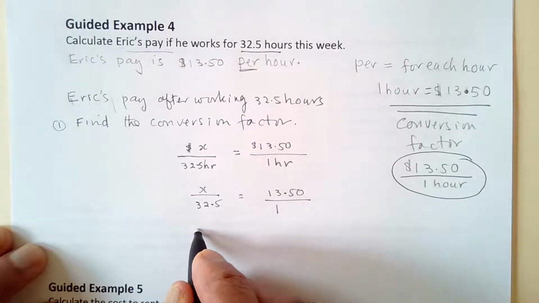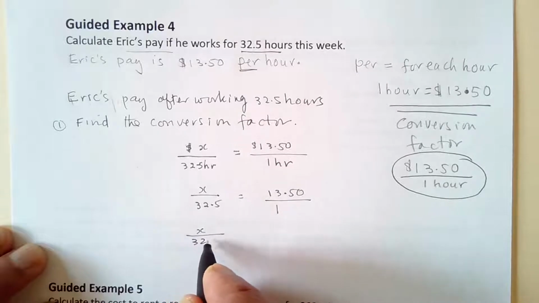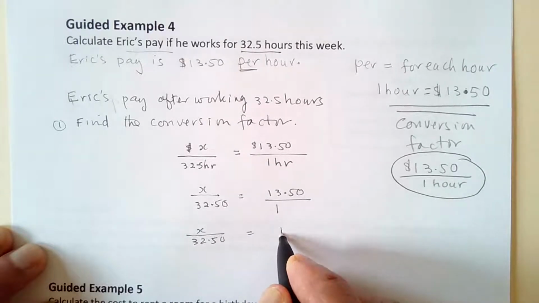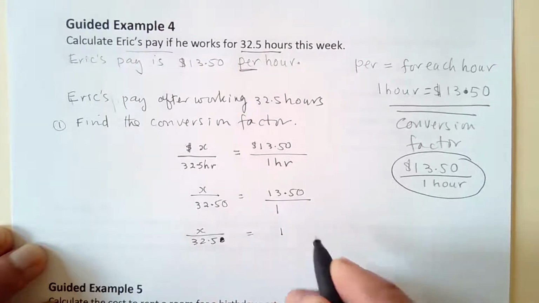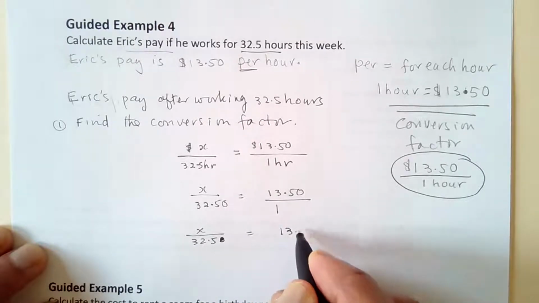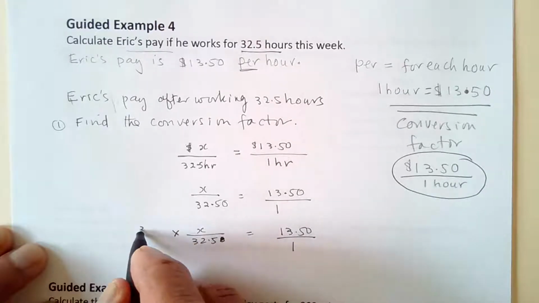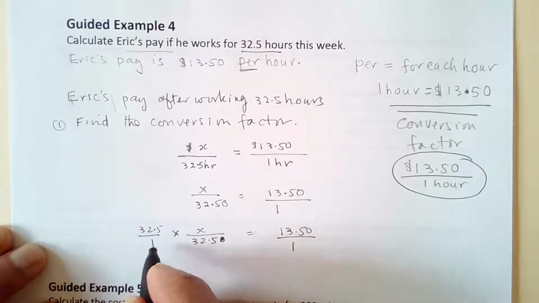Now I'm going to multiply this by 32.5 over 1.